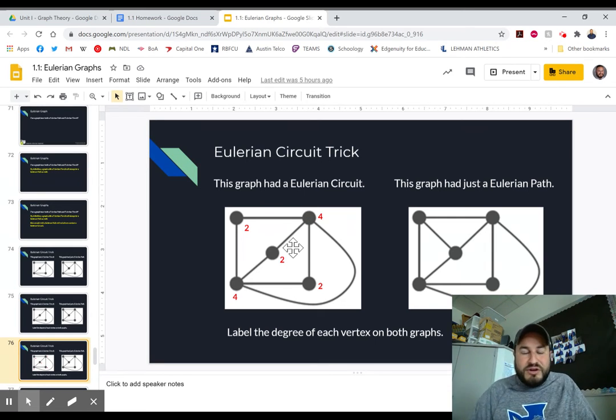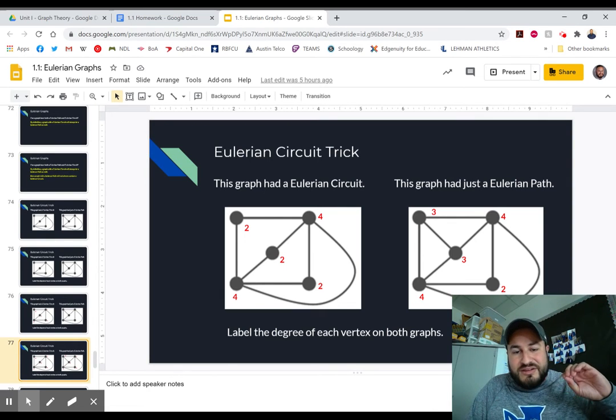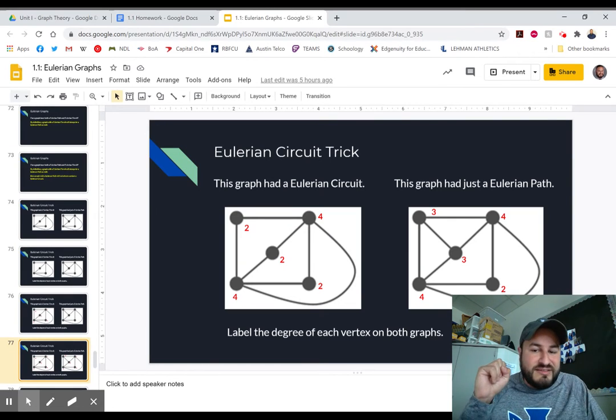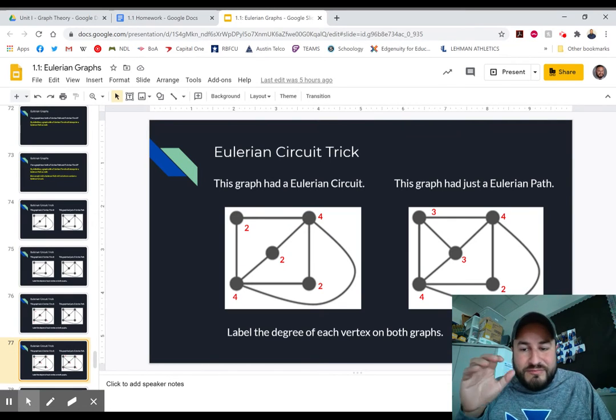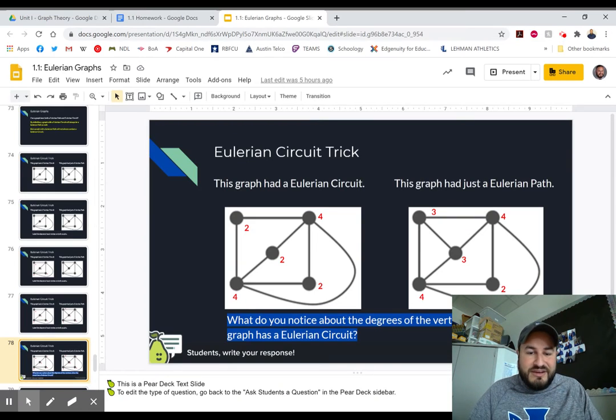That's the one that has the Eulerian circuit. I'm going to label the one on the right as well, and see if you see a pattern. What do you notice about the degrees of the vertices in the graph with the circuit on the left, and in the graph with the path on the right? If you guessed that the ones in the circuit are all even, you are correct.